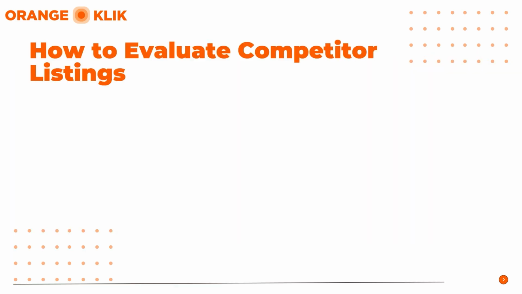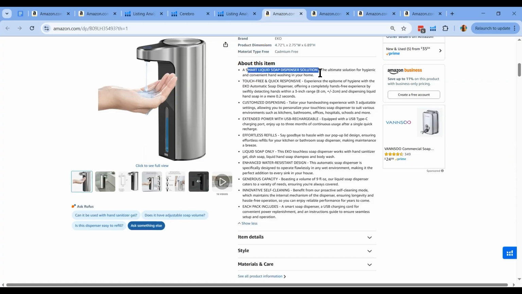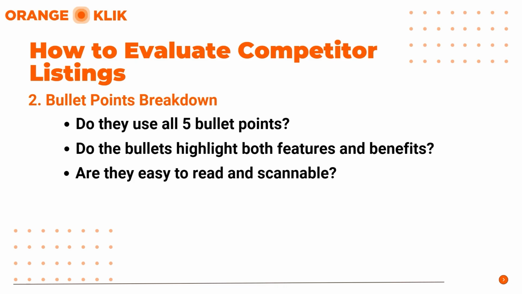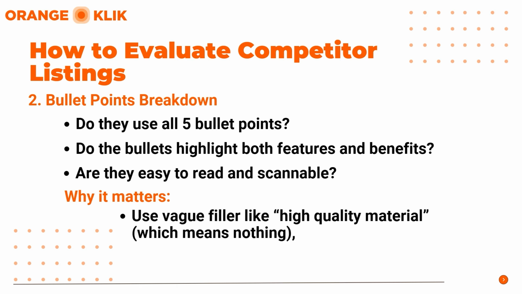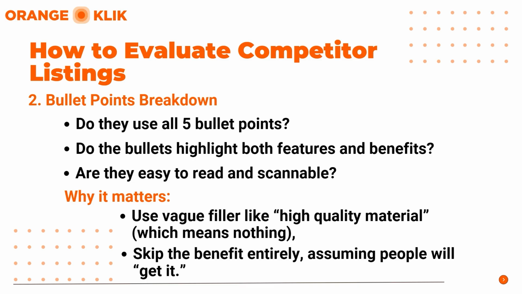As for the bullet point breakdown, what are the things that you should check? Do they use all the 5 bullet points? Do the bullets highlight both features and benefits? Are they easy to read and scannable? Why does it matter? Many beginner sellers either use vague filler like high-quality material, which means nothing, or skip the benefit entirely, assuming people will get it.